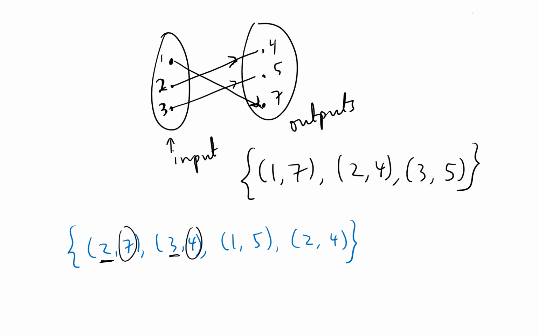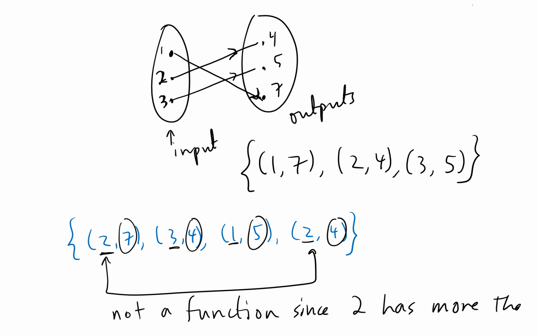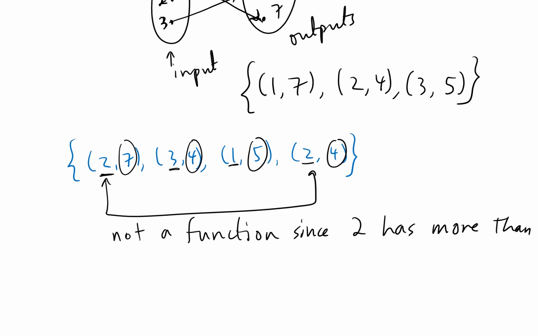The input 3, this is the output. Input, output, input, output. Oh, notice 2 has 2 outputs, more than one y value. So it's not a function, since 2 has more than one output.